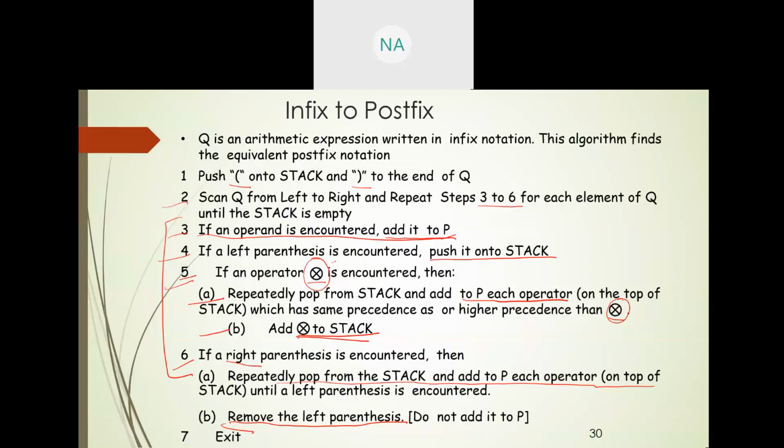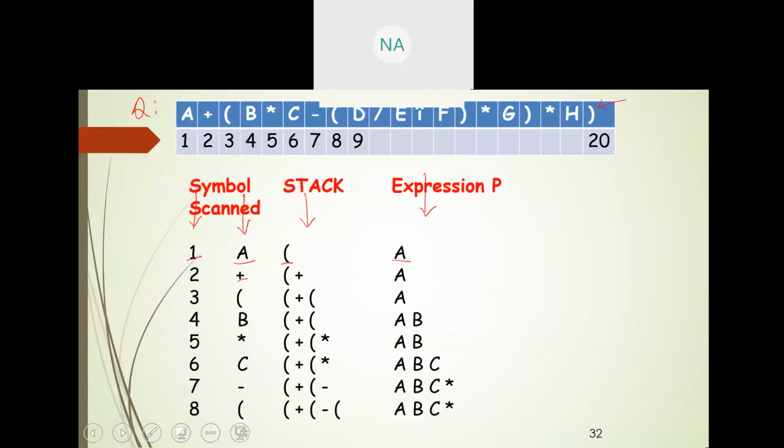Since there is no operator in the stack, in 5a nothing will be removed, but in 5b this plus operator will be pushed onto the stack.